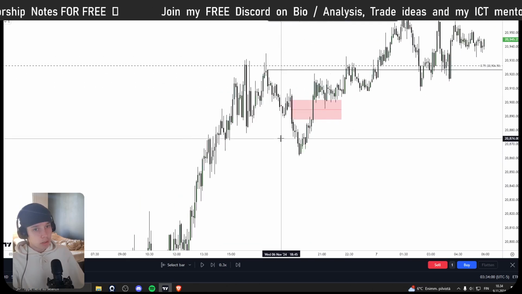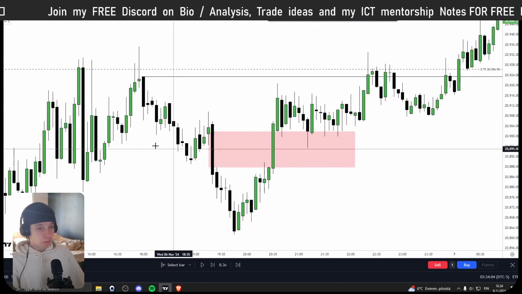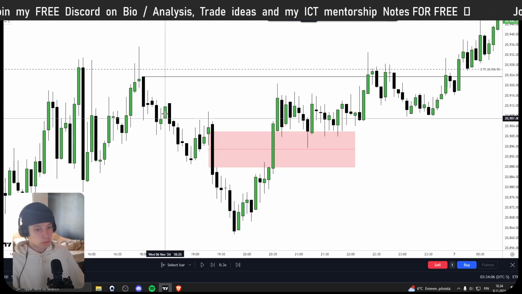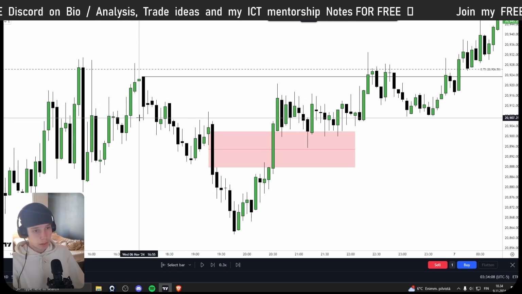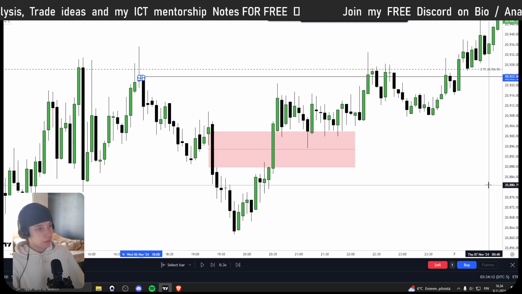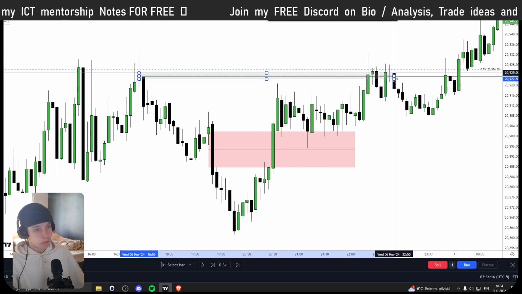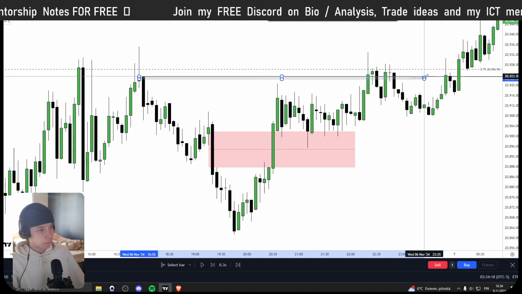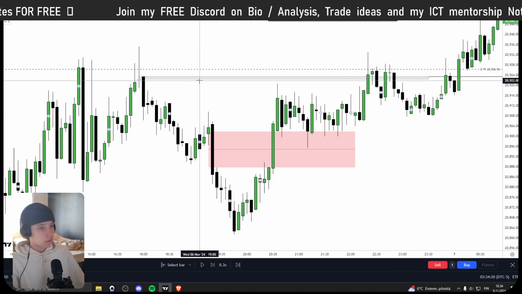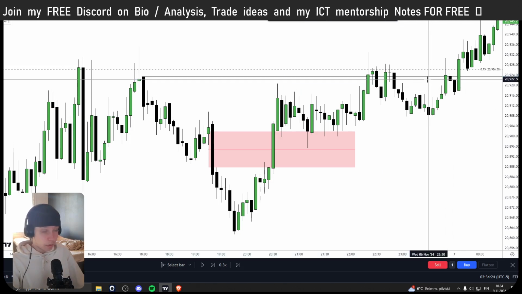So then looking at this as well, we like to see if there is some type of new day opening gap. Well, it's basically this area here. Very minimal, doesn't really mean much for me, and I don't care about it.